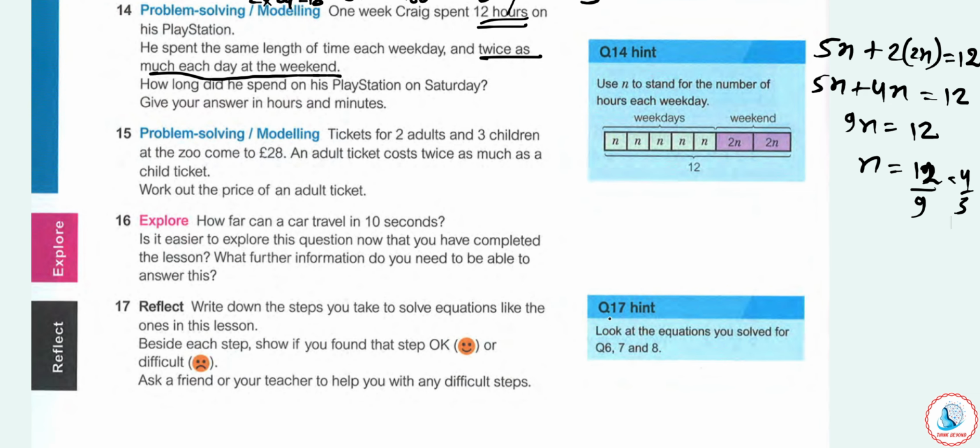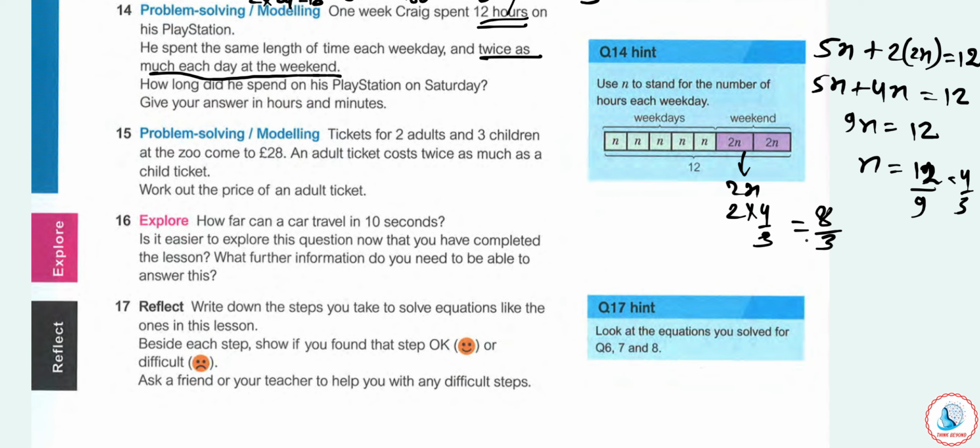So we got the value of n. On each weekday he is working for 4 over 3. For weekends, he is working twice of 4 over 3. So for 2n, it's 2 times 4 over 3, which is 8 over 3.